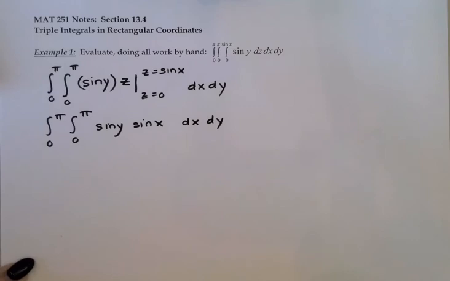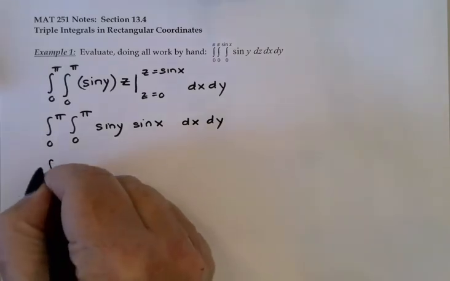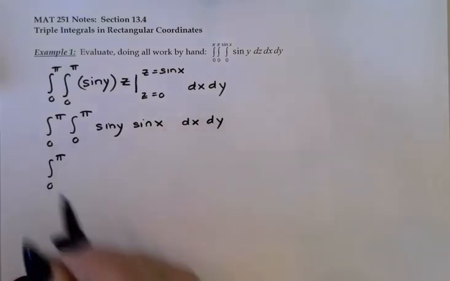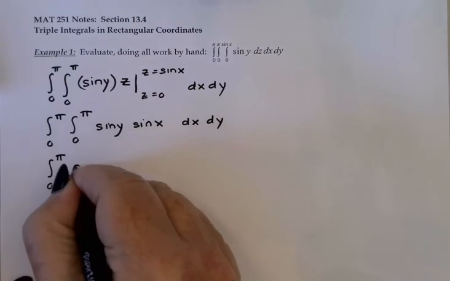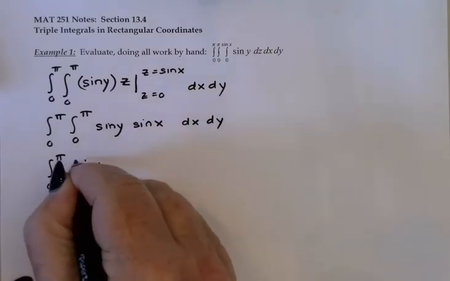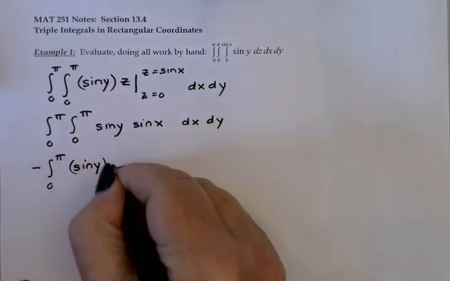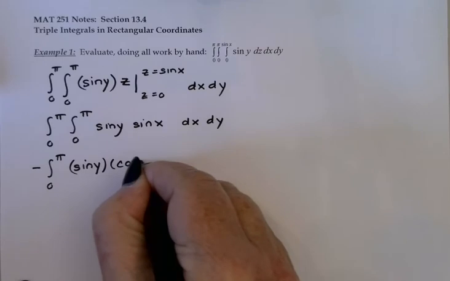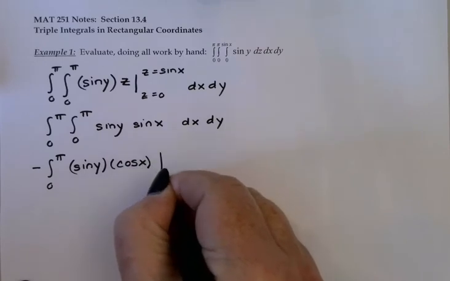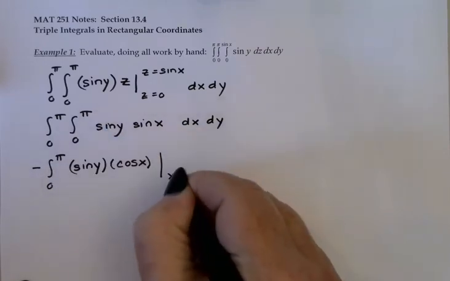My next integral is with respect to x. So sine y still is a constant. But the integral of sine x would be a negative cosine x. I'm going to pull the negative out. And the next goes from 0 to pi.